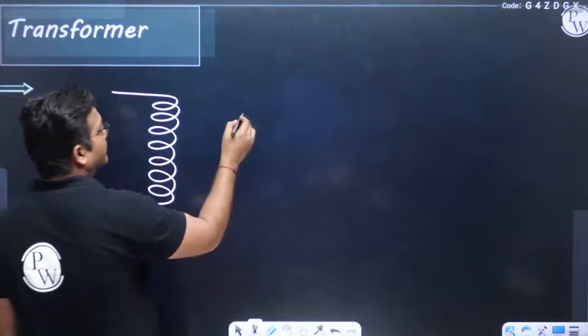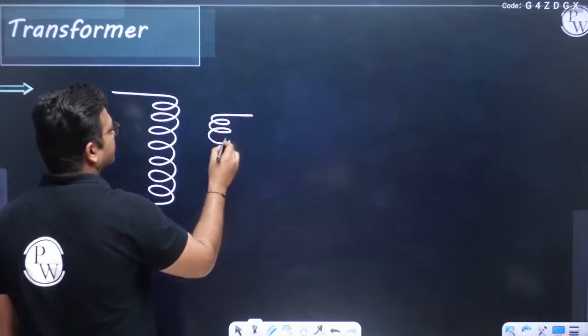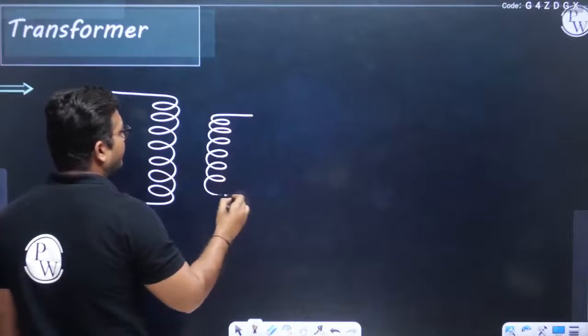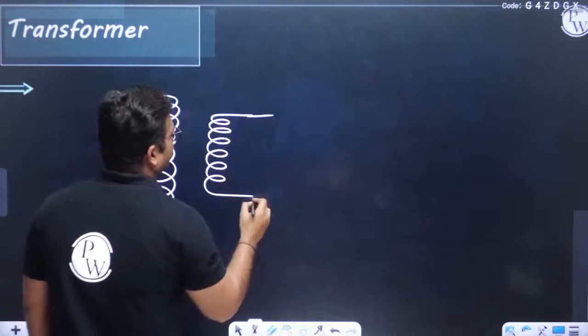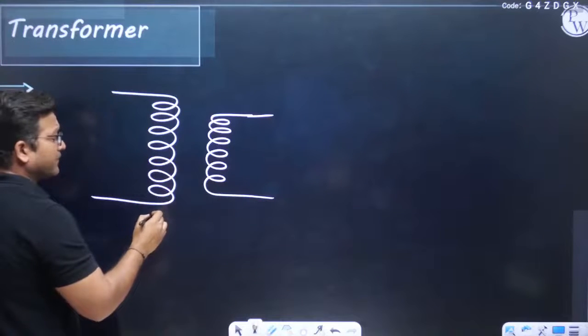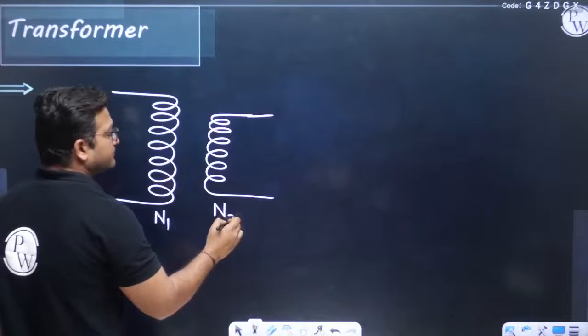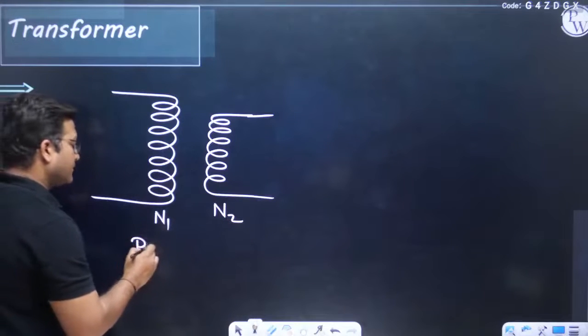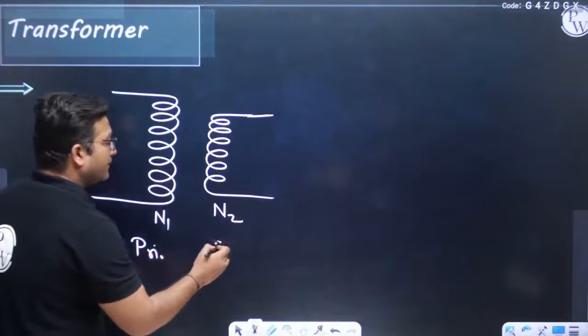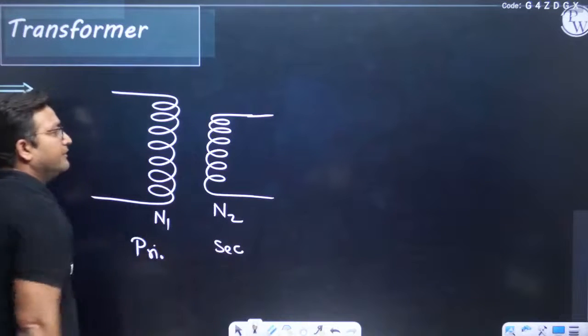So we have one coil this and one coil this. They are magnetically coupled. Let us say the number of turns in the first coil is N1 and in the second coil is N2. We also call them the primary coil and secondary coil.